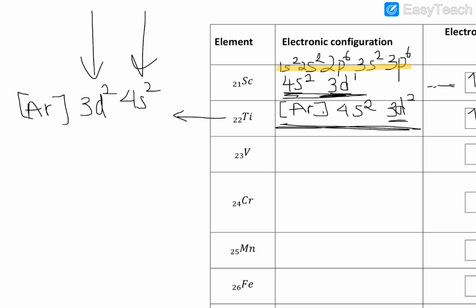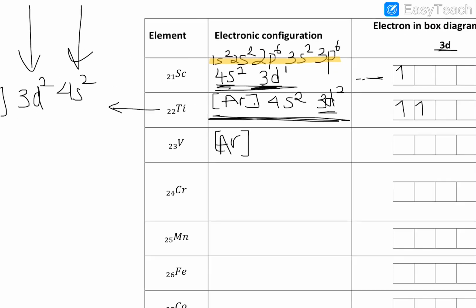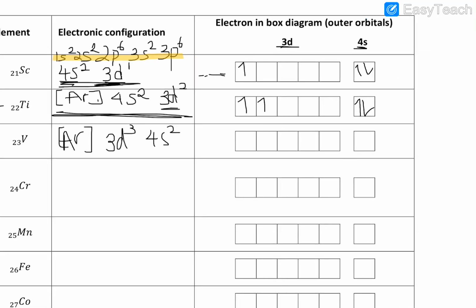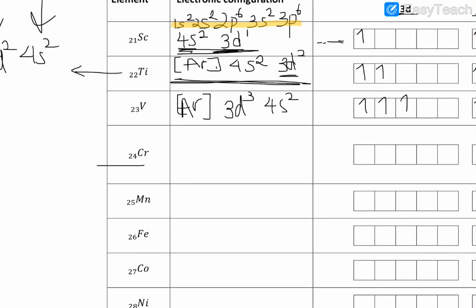Let's try vanadium. So Ar, that's 18. Then 3d, 4s, but I fill the 4s first. So 18, 19, 20, and then 3 here. So then I'm going to have 1, 2, and then 1, 2, 3. Chromium, so 18, 3d, 4s.